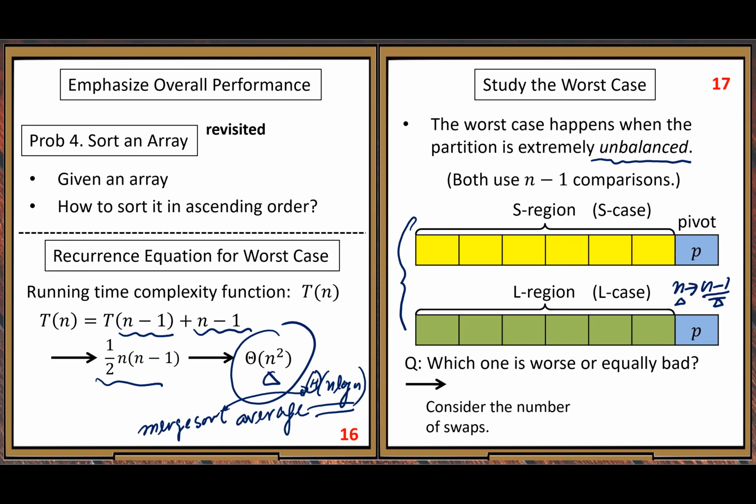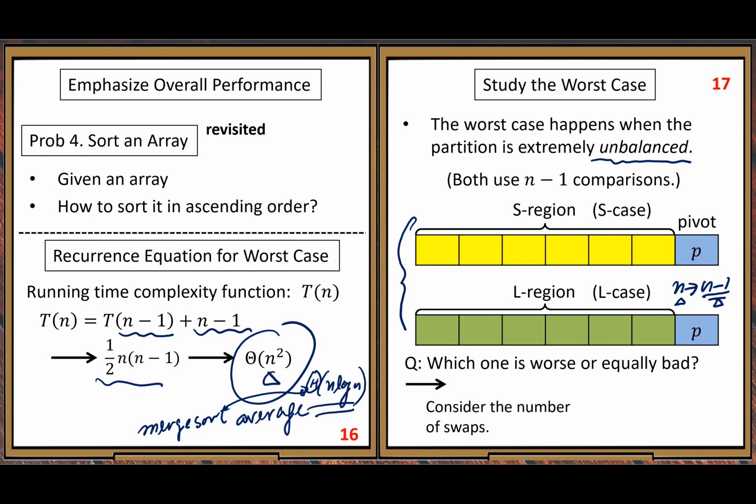Only when we do experiments, when people write programs to implement merge sort, quicksort, and many other sorting algorithms, and run a large number of experiments on the same data sets.